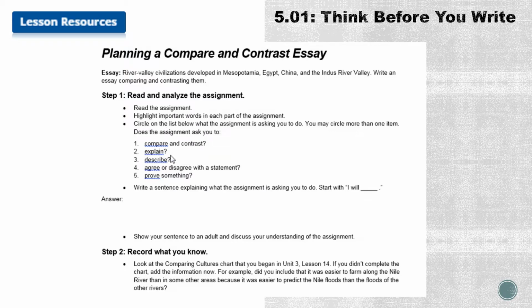Compare and contrast, explain, describe, agree or disagree with the statement, or prove something. We'll talk about that a little bit further in our follow-up session, but then you're going to write a sentence explaining what the assignment is asking you to do. And then what are you going to do out of these action words here? What are you going to do based on the assignment?